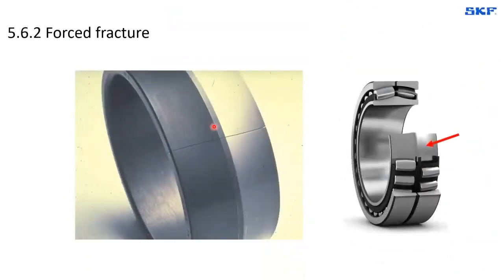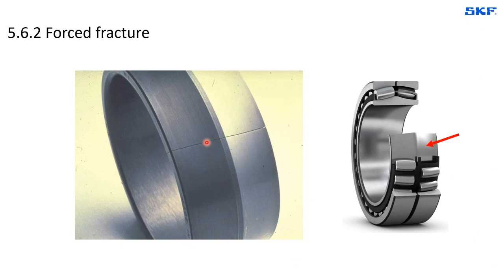And for the last few, we are already reaching our time, so we are going to mention forced fracture, in this case the inner ring of a spherical roller bearing. What happened is that the bearing has a taper bore, and the interference between the inner ring and the shaft or the sleeve where it's mounted is produced by driving up the inner ring onto the taper.